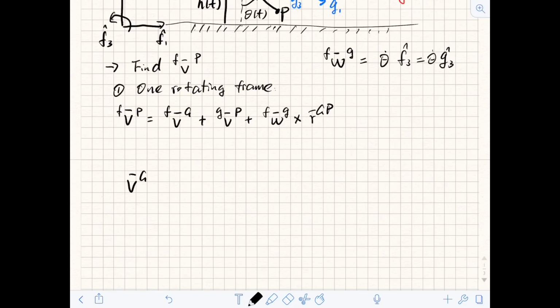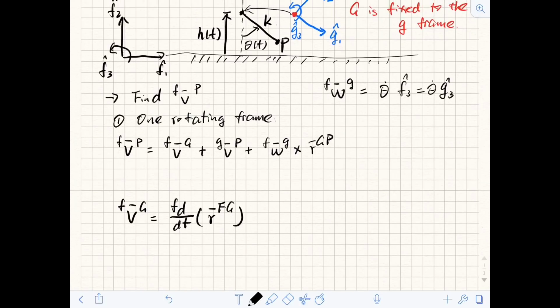The velocity of G in F is defined as the time derivative of the position vector FG. And what is F?